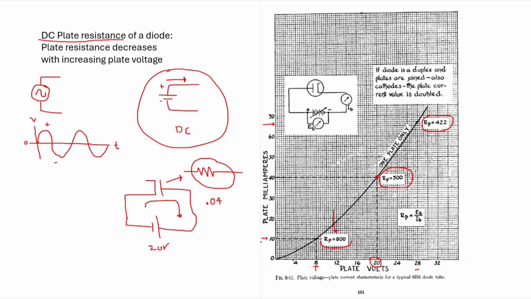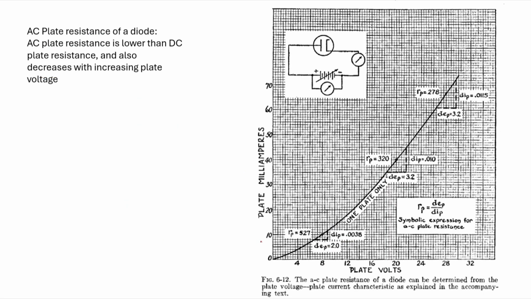Now this is DC, and we can do the same thing with AC. I'm not going to get into detail here, but there's an important thing to note. There's our cathode, there's our plate. Here we're going to use alternating current, and here's our ammeter right here.